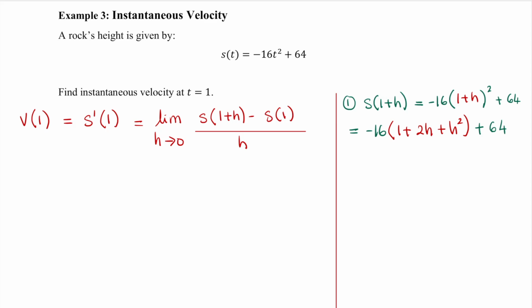So I have negative 16 times 1 plus 2h plus h squared plus 64. I'll take negative 16 times 1 plus 2h plus h squared, which is negative 16 minus 32h minus 16h squared, and plus 64.